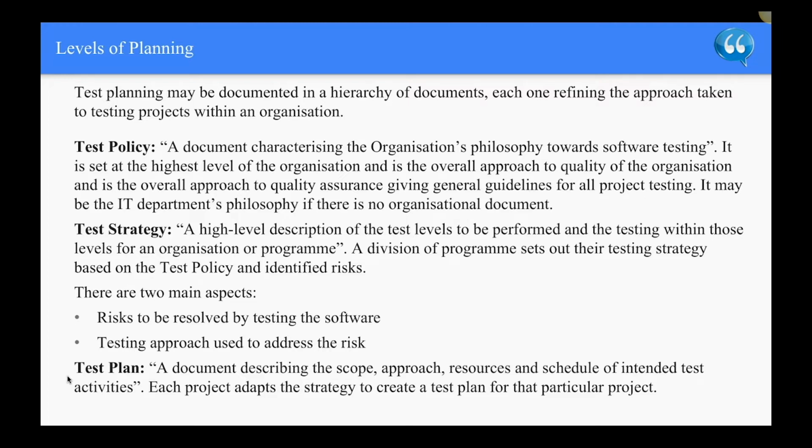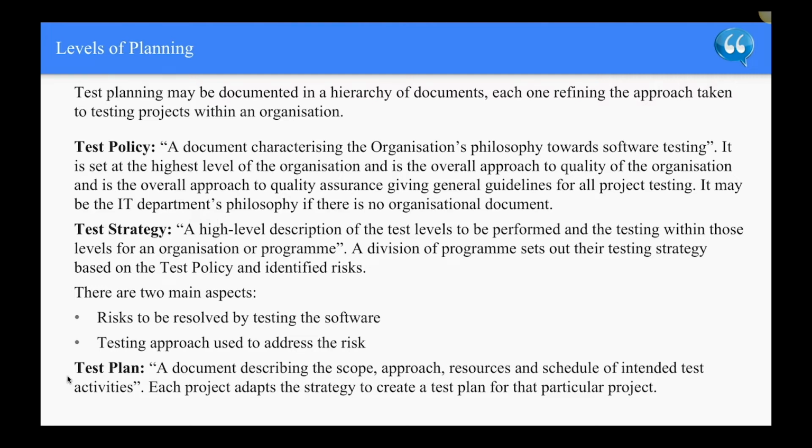The test strategy is, quote, a high level description of the test levels to be performed and the testing within those levels for an organization or program. A division or program sets out the testing strategy based on the test policy and identifies the risks.